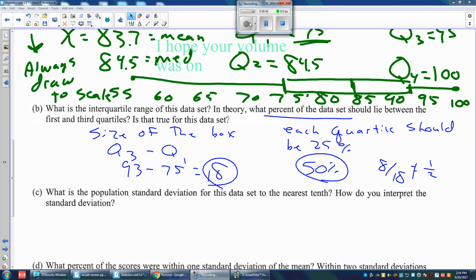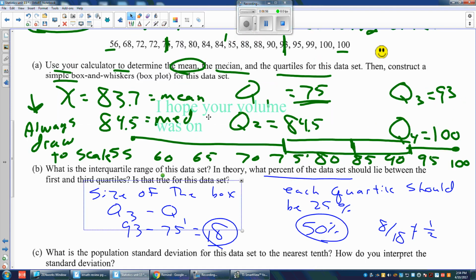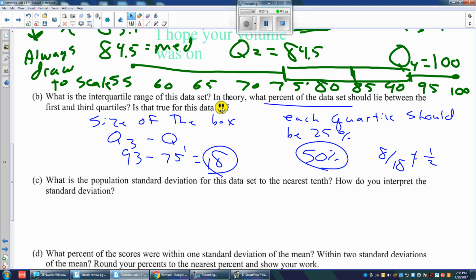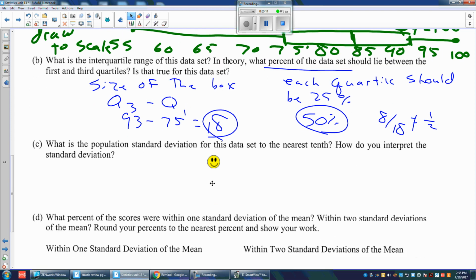But when we divide it in half, we have an odd number, 9 on the left, 9 on the right. So the middle divides into 2 equal parts, but you can't divide 9 in half. It's 4 and a half and 4 and a half, so the 93 straddles, the 75 straddles to the left and right. I get off topic a little bit.